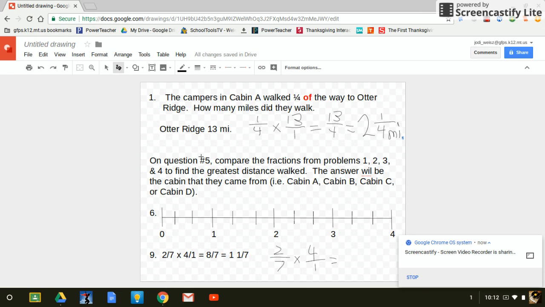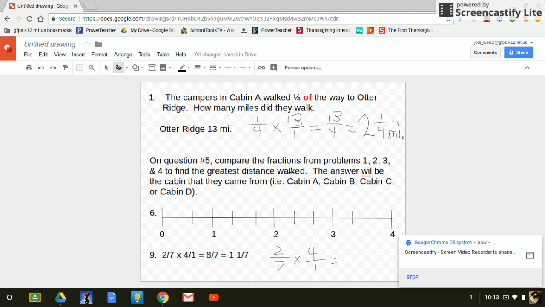On question number 5, I just wanted to bring this up to you. If you work through problems number 1, 2, 3, and 4, they are comparing different cabins, cabin A, cabin B, cabin C, and cabin D, and they're all walking to a different location. The question on number 5 asks, which group of campers walked the farthest that day? So you want to compare your answers for questions 1, 2, 3, and 4 to find the greatest distance walked.